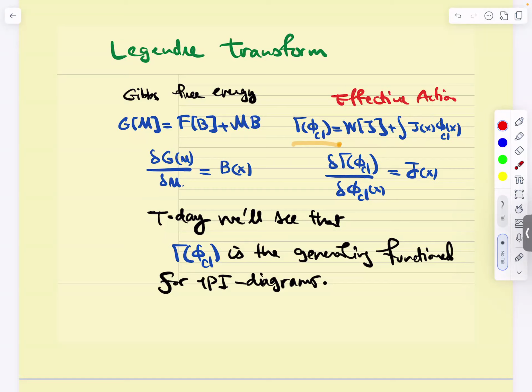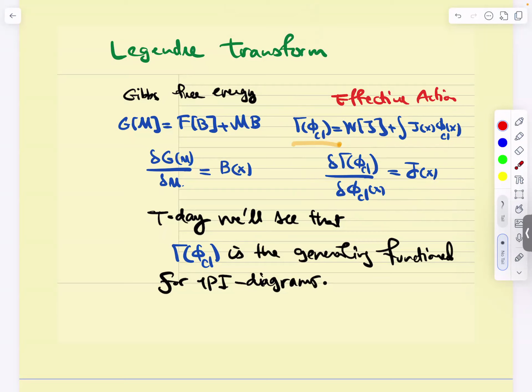This is a functional of phi classical, which is just some function. The same rules of derivatives apply, and if you set the source equal to 0, then the effective action is extremized on the classical equations of motion, on the classical solution, the 1-point function phi classical.